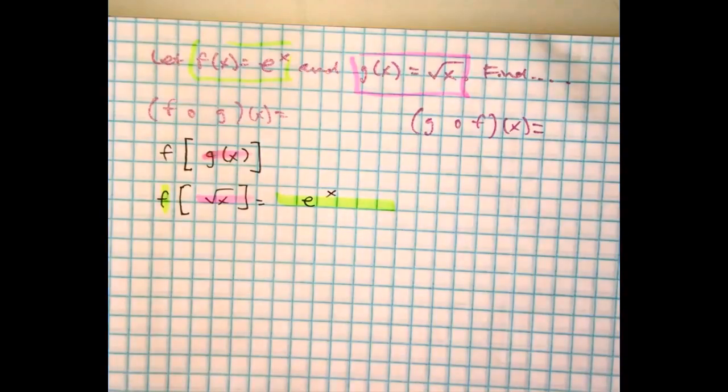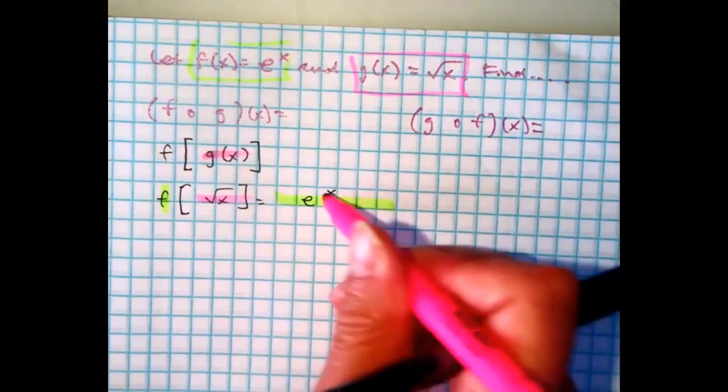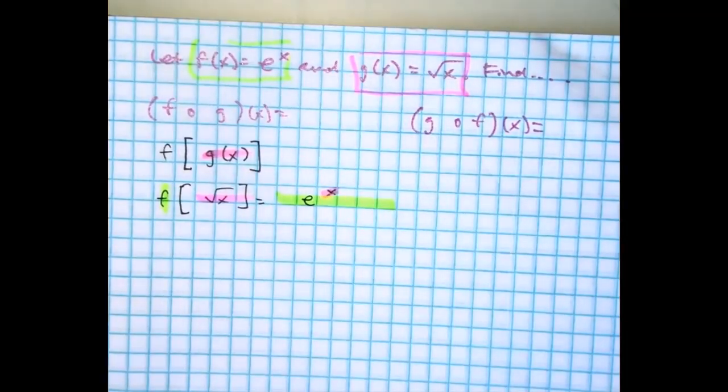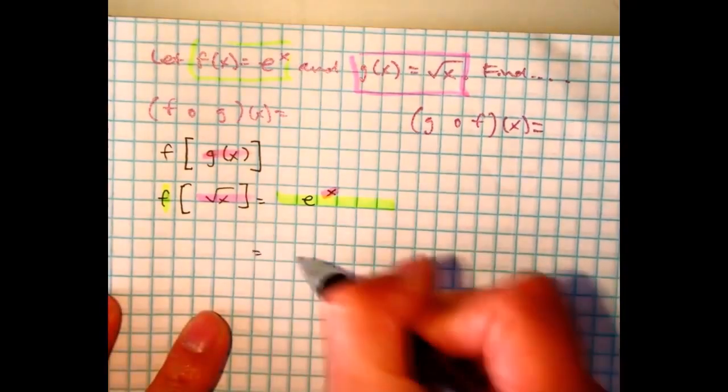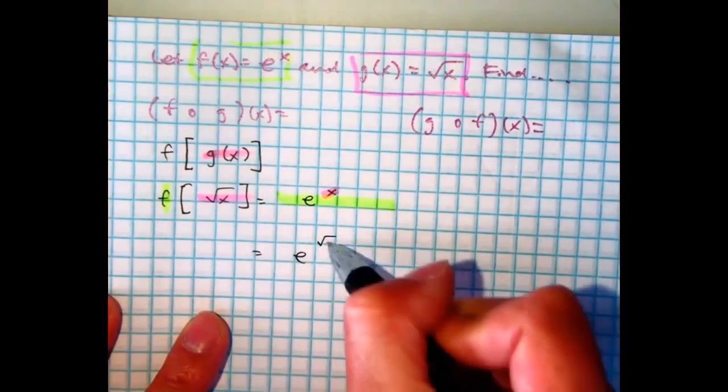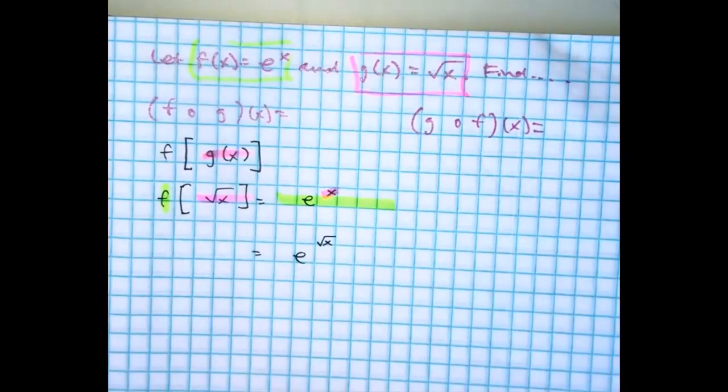And basically for every x now, instead of writing x, we're going to write what? E to the square root of x. And that's my answer.